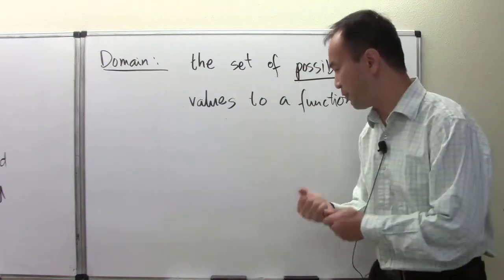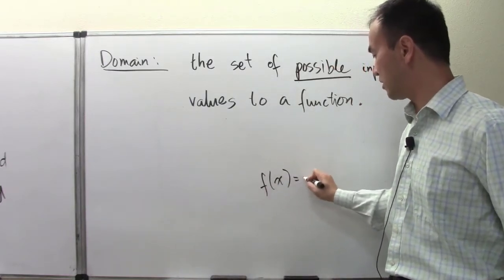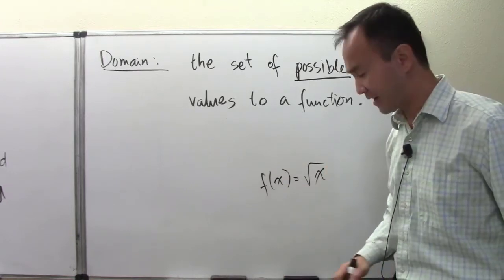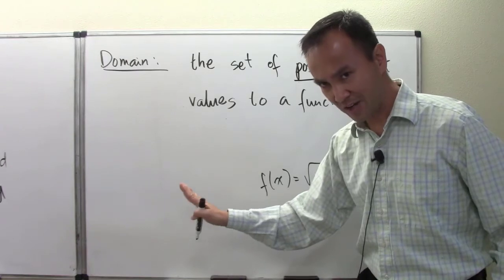Because for example, when it was f of x equals square root of x, then the set of possible inputs, I wrote that down in words earlier.